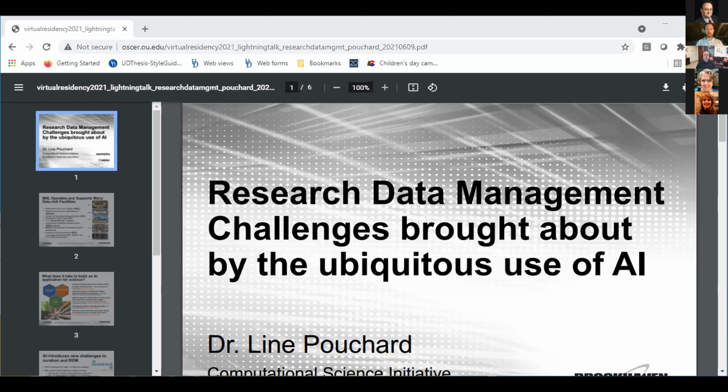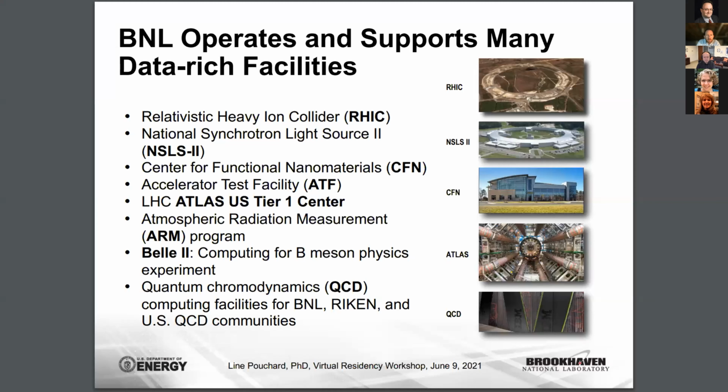So BNL has the largest scientific archive in the US, and is among the top 5 in the world. The others are the ECMWF, the weather forecasting system of the European Union, CERN, and NOAA. For the 2019 data, we have a 150 petabyte archive to date, with 690 petabytes analyzed in FY12, and 110 petabytes of data transfer per year.